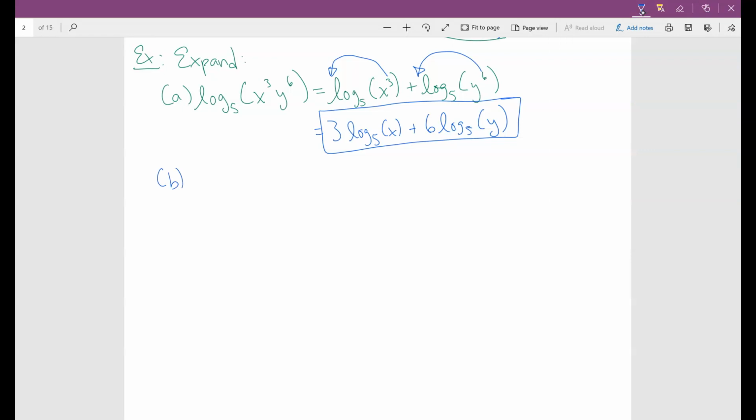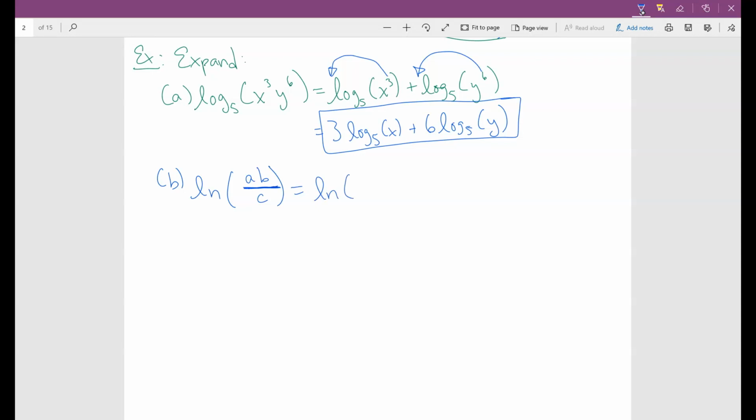So let's say we have the natural log of a times b divided by c. So remember that the natural log is just basically log base e. Okay, so the log properties still work for natural log. All right, so notice that we see a division. I think that one's usually the easiest one to get rid of so that there's no fractions.